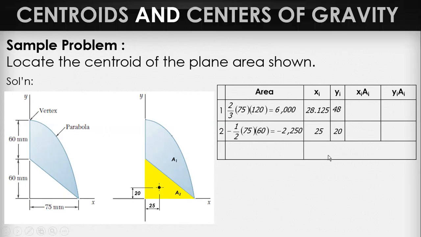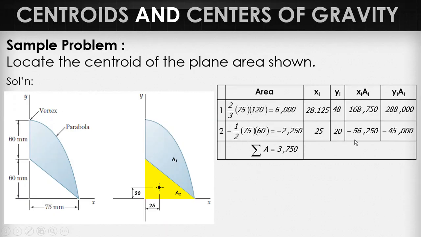After this, multiply. Xi times A, the summation of area. And the next is this one, Xi Ai, Yi Ai, and then for element 2, Xi times area, and Yi times area.